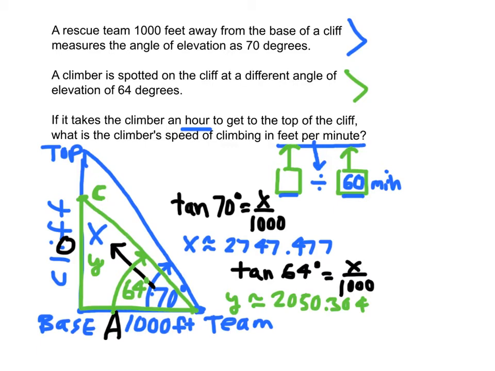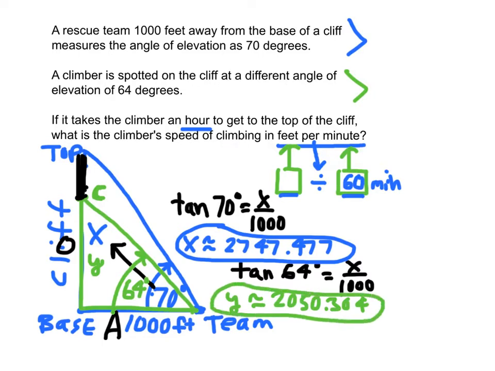So how far did the climber actually climb to get from where they're at to the very top? I know how long it took. It took them 1 hour to do that distance in black. So how do I figure out the distance in black? If I know that the entire height is 2,747, and I know that so far they've done 2,050 feet, I just have to subtract to find out that distance in black.